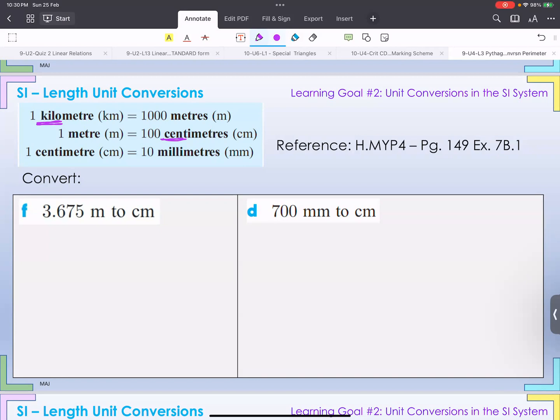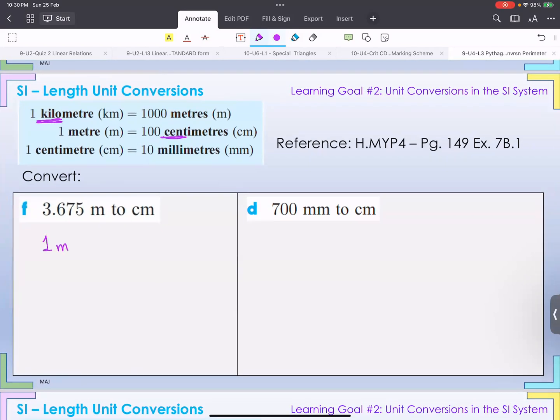Line up what you know. So you know that 1 meter is 100 centimeters. That is what you know, right? 3.675. Line up the units. What do I mean by line up the units?